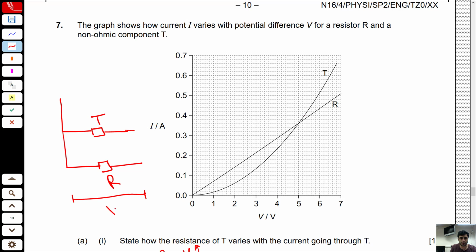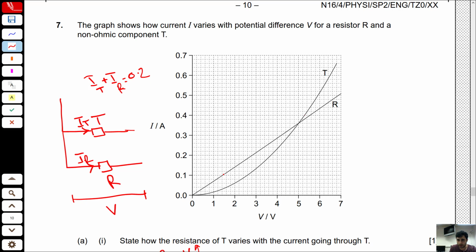So we have to look for what possible voltage both of them can take, and it must be the same because they are in parallel, such that the sum of the two currents in the branches, I of T and I of R, can add up to 0.2.